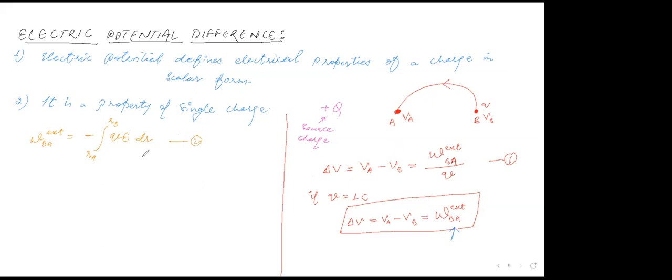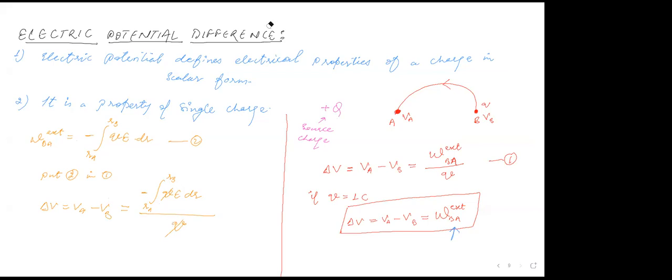Now put equation 2 in equation 1. Then you get delta V is equal to VA minus VB is equal to W external over Q, which is minus the integration from RA to RB of QE dot dr over Q. This Q is cancelled from this Q. Note it down, please.